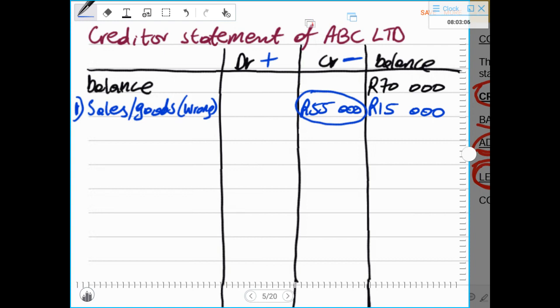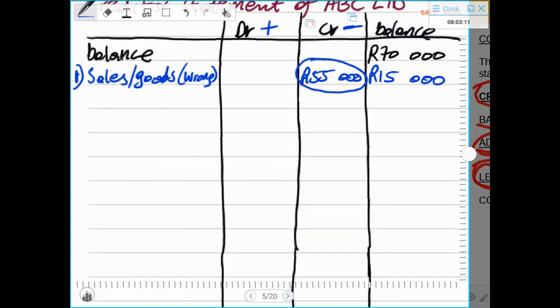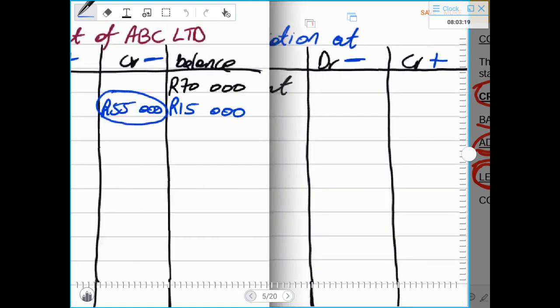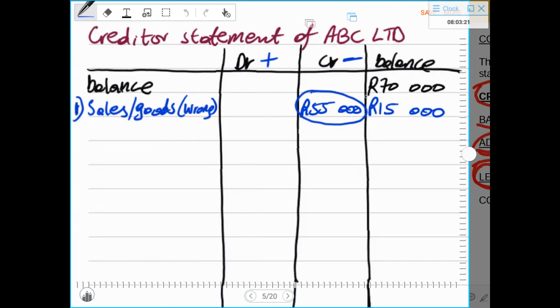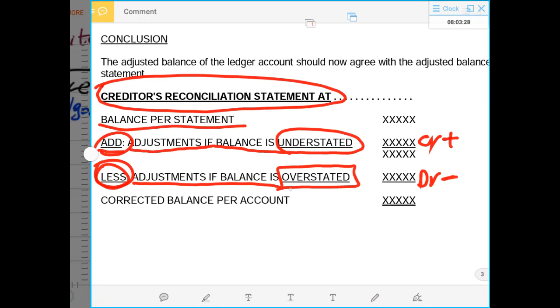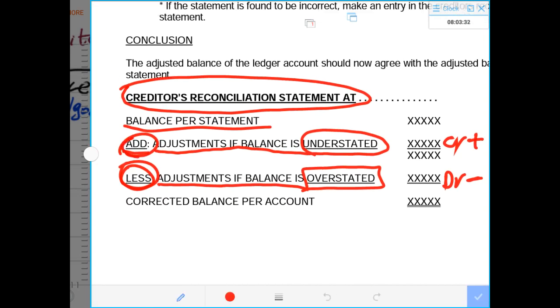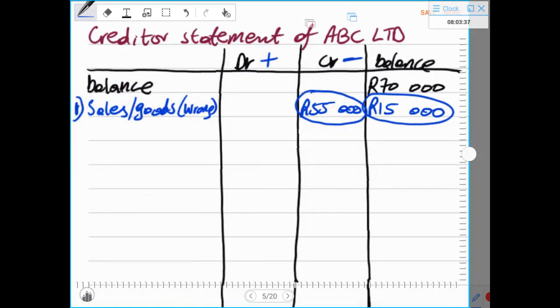Remember, this amount understated the balance, and the rule says that if the balance is understated, we need to add. So in this case, we add, then we cancel, then after we record the correct amount.